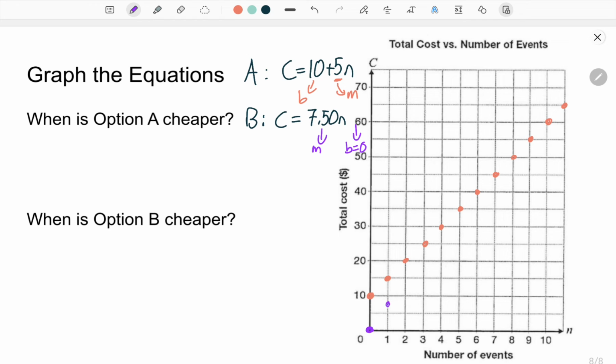So you go up 7.50 for 1. 7.50 plus 7.50 is going to be 15. Then 22.50, so halfway. So you're going up 1.5 grids each time, essentially. Then 30, then another 1.5, another 1.5, and just continue this pattern each time you go up.